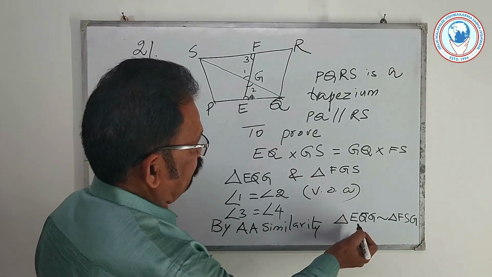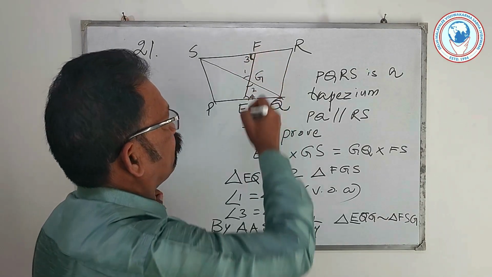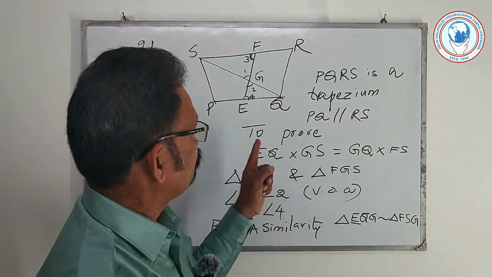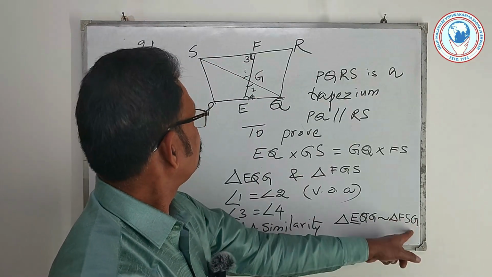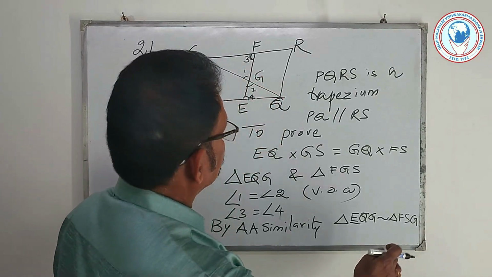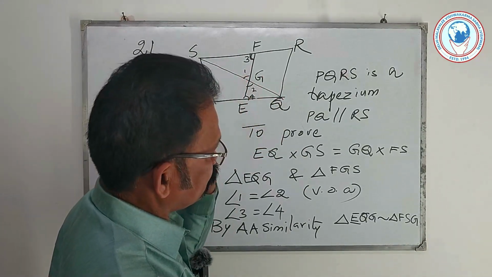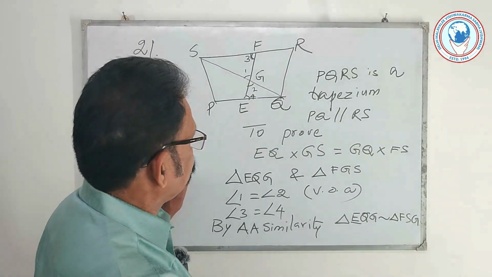If we take E first, then F first, then Q, so S, then G, here is also G. So corresponding sides are proportional.